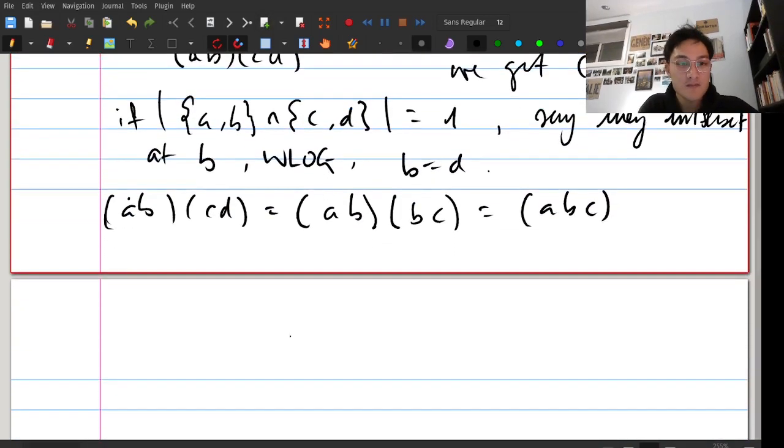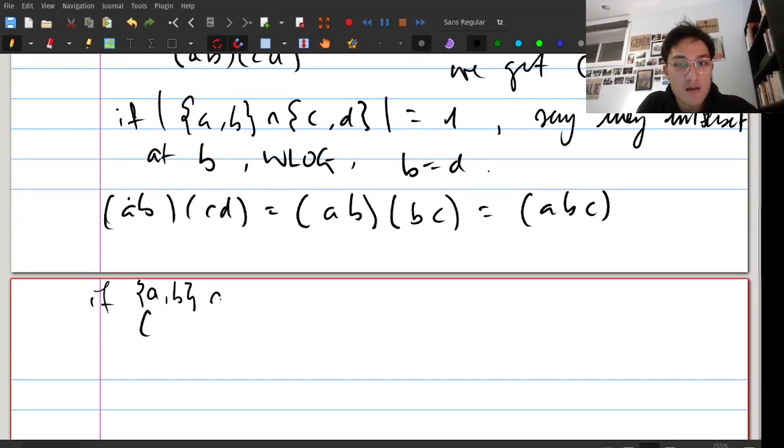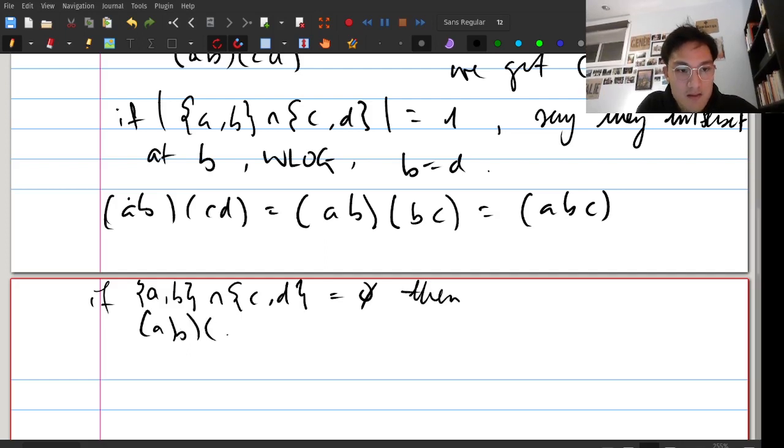Now last one, they're all different. So if {a, b} intersect {c, d} is empty, then (a b)(c d), this one, it's a product of 2 3 cycles.